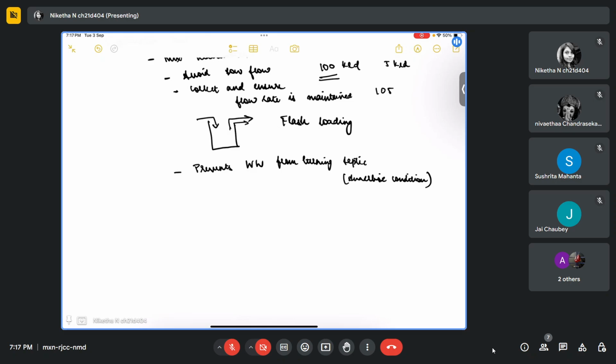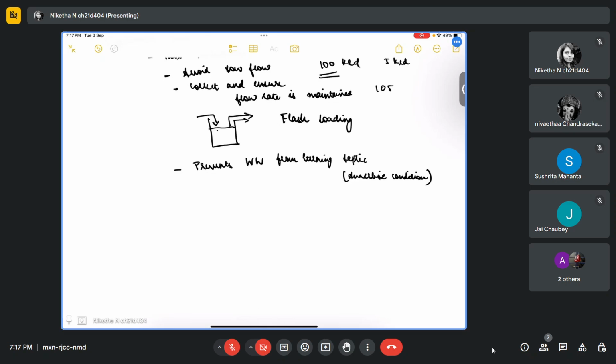So you just keep mixing it and aerating it. When the incoming flow rate is very high and you store that wastewater, mixing and aerating it ensures that the anaerobic condition does not develop.